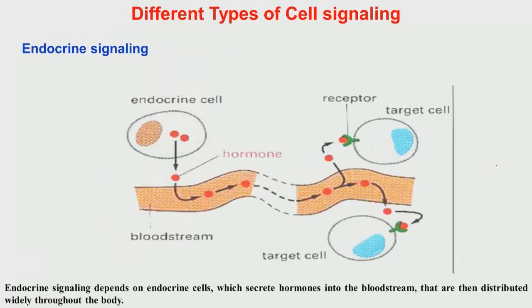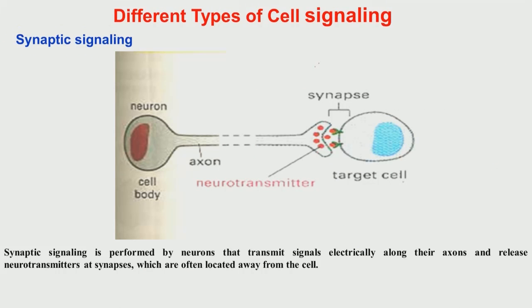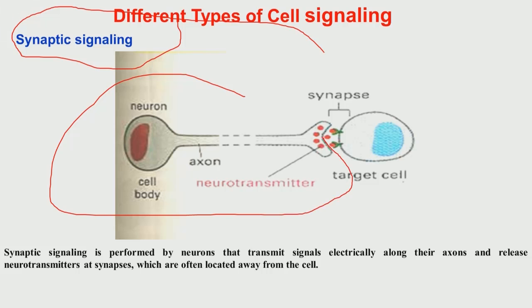So, this is another type of signaling process, called synaptic signaling. Synaptic signaling essentially means you have a neuron, which is a very long characteristic structure.